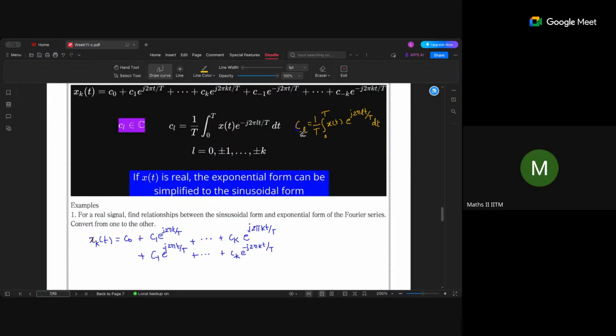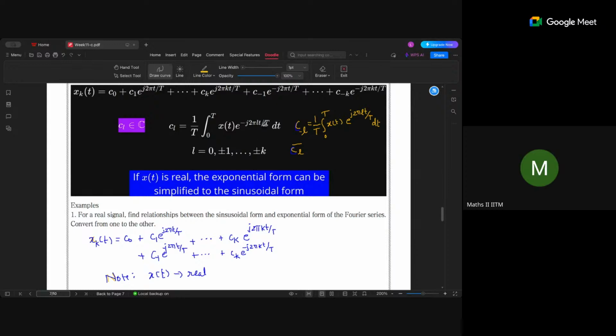Now we are having a real function x of t. Note that we have taken x of t to be real. So if x of t is real, what happens to cl bar? In cl bar, the x of t part will remain as it is because it is just a real function. Only the exponential part will change.